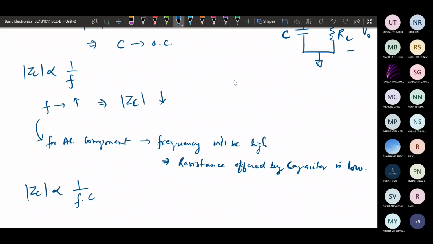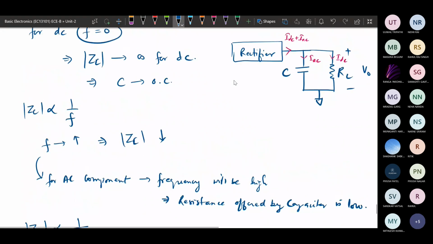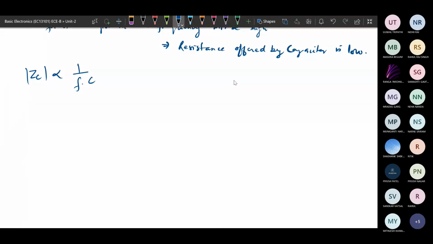In the case of the DC component, the resistance offered by the capacitor is infinite. That means it behaves like an open circuit, so it will not pass any DC. All the DC will pass through the resistor circuit only. Okay, so these are the basic filter circuits.